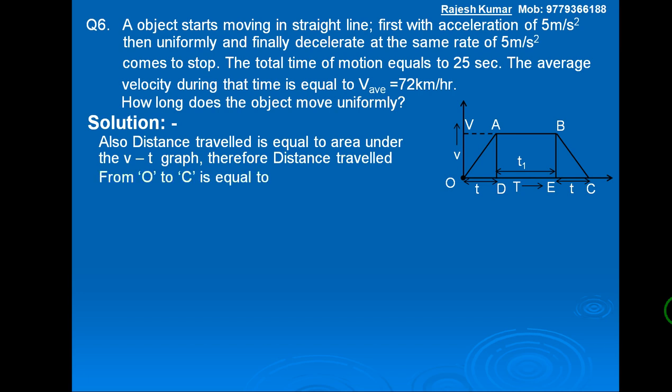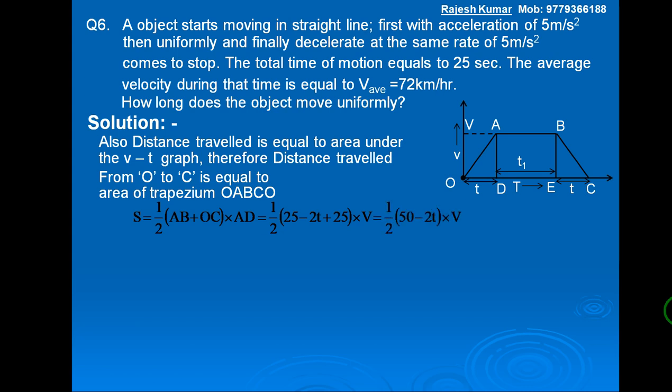Therefore, distance travelled from point O to point C is equal to the area of trapezium OABCO, given by S is equal to 1 by 2 into the sum of parallel sides AB plus OC into AD, the distance between the parallel sides, or it is equal to 1 by 2 into 25 minus 2t plus 25 into capital V, or 1 by 2 into 50 minus 2t into capital V. Putting the value of capital V and taking 2 common, this is equal to 2 upon 2 into 25 minus t into 5t. 2 and 2 cancel each other, and opening the bracket we get S is equal to 125t minus 5t square. Let it be equation number 3.